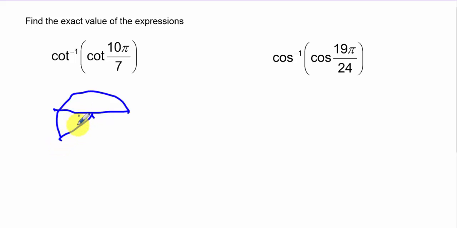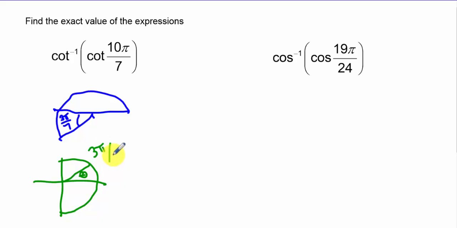I know this has a reference angle of 3 pi over 7. And I know that the cotangent value in the third quadrant is positive. Again, I can't give this inverse answer in the third quadrant. It has to be somewhere in the first quadrant. Where is that somewhere? Wherever that reference angle was, at 3 pi over 7. And 3 pi over 7.